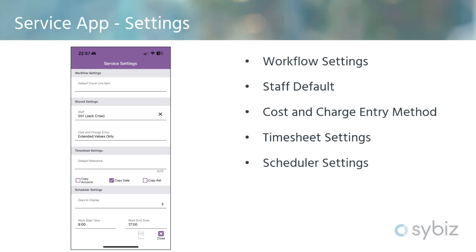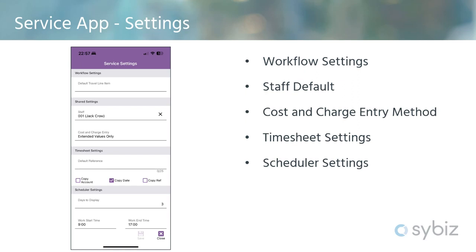As far as the settings are concerned, you do have the default travel line item associated with workflow settings. That's an option. If you don't supply the default, then you just need to nominate that each time. You've got your staff default. Like the job costing app, it is recommended that the person using the device gets put in there as the default.